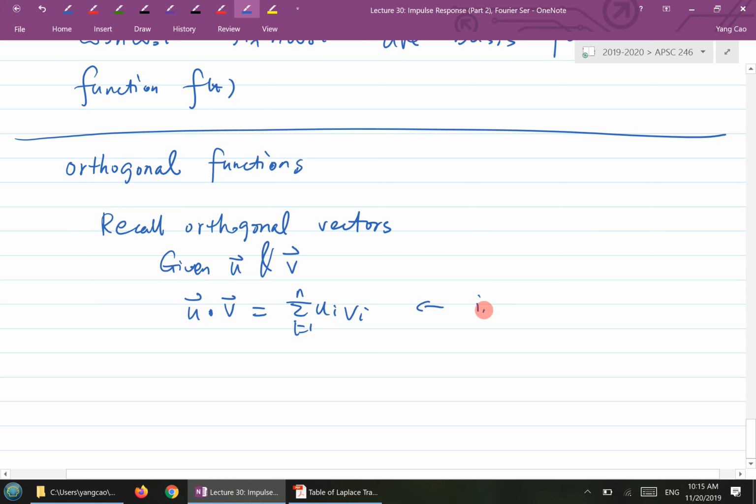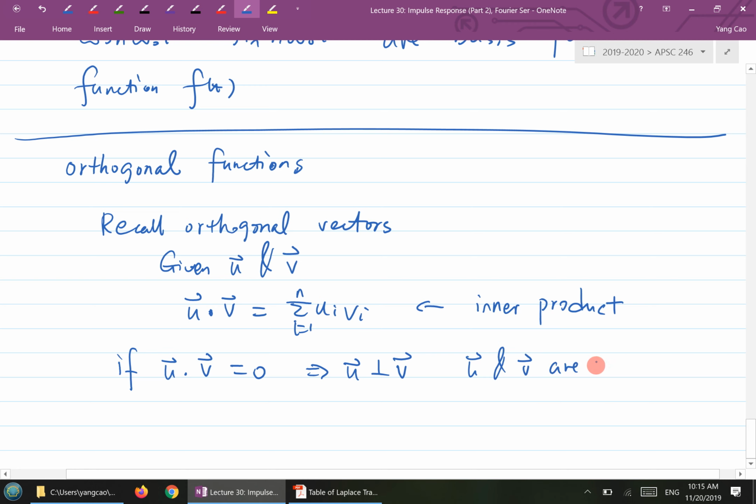This is also called the inner product, and the cross product is called the outer product. If the dot product equals 0, then u is perpendicular to v. This is essentially what we call these two vectors being orthogonal to each other. That's the meaning of orthogonal when it comes to vectors.